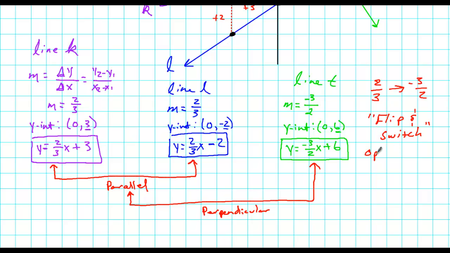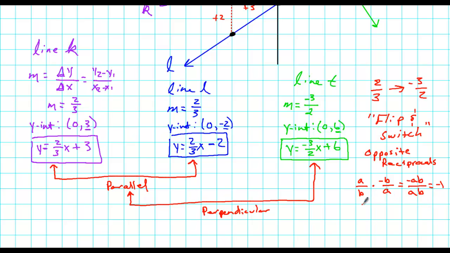Now, really, these are called opposite reciprocals. Okay, and the fancy way of saying that is opposite reciprocals are two numbers that, when you multiply them together, equal negative 1, right? Look at that, that looks fancy, right?